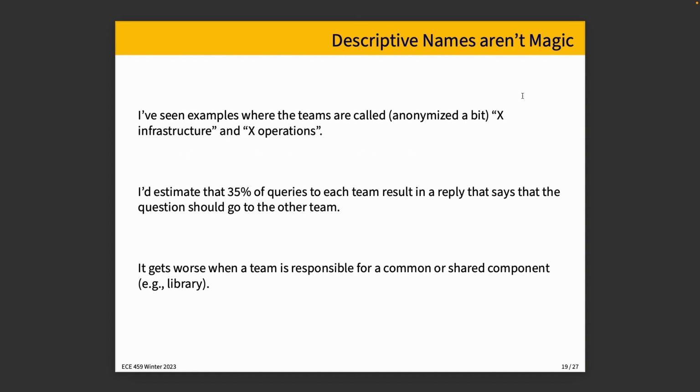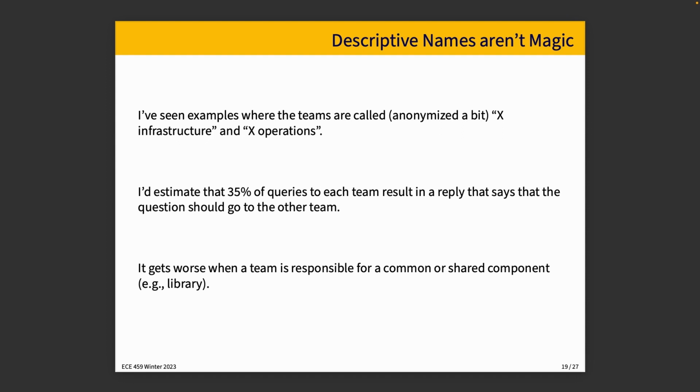There's no magic to it. The other thing that I say is that descriptive names aren't magic. I've seen an example where there's some anonymized teams called X infrastructure and X operations. And I would estimate that about 35% of queries to each team result in a reply saying, actually, you should go to the other team.